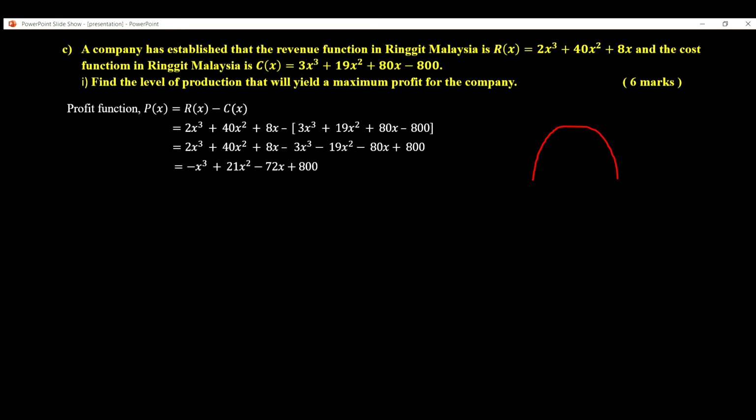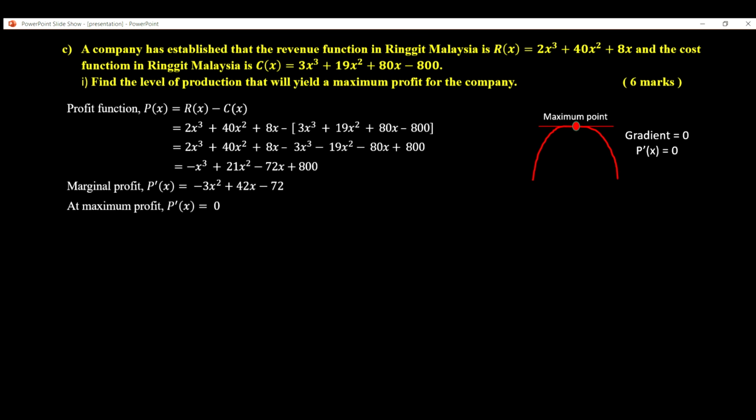The level that yields a maximum profit is when the gradient of the profit function is equal to 0, which also means that the marginal profit is equal to 0. So we need to find the marginal profit by differentiating the profit function. After we differentiate the profit function, we got negative 3x squared plus 42x minus 72.